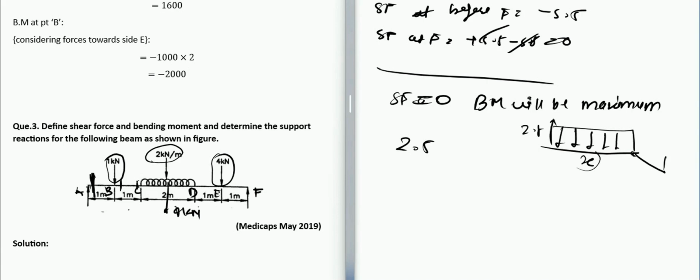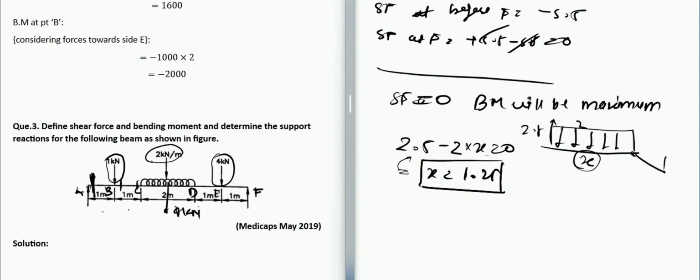So we just need to find x: 2.5 minus 2, the magnitude of the downward acting UDL, into x is 0. So x comes out to be 1.25. What it represents is that after 1.25 meter from the start of the UDL, the shear force becomes 0, and after that it goes to the negative direction. That is why we have found it using this technique.